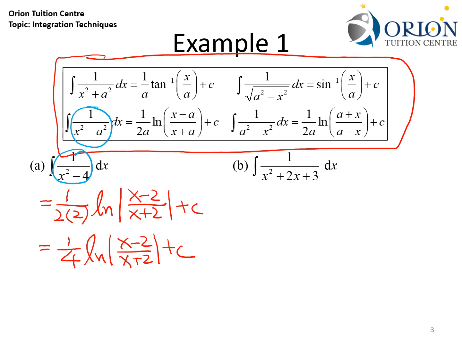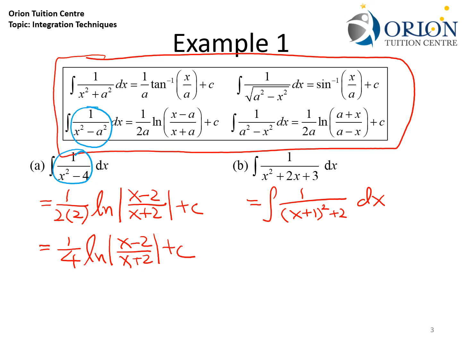Now this is a simple example, and sometimes we may get a quadratic expression at the denominator which is not exactly the same form as one of the formulas over here. But that does not mean that we cannot use the formulas. What we have to do is to simply complete the square to get 1 over x plus 1 squared plus 2 dx.